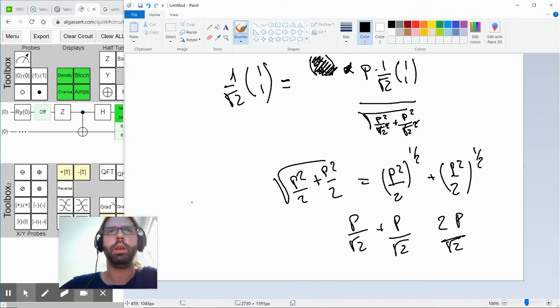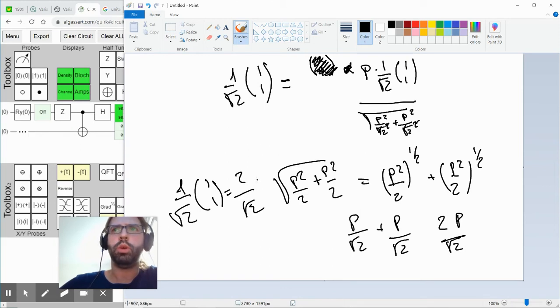So I have that 1 is equal to square root of 2 P, and this thing cancels out. 2P. Have I made a mistake somewhere?